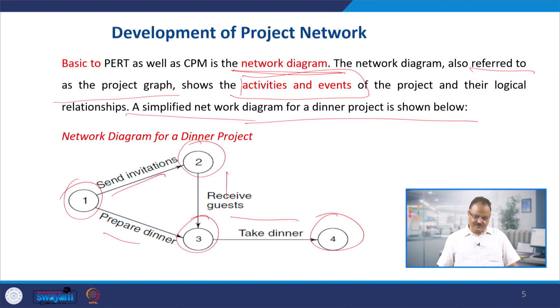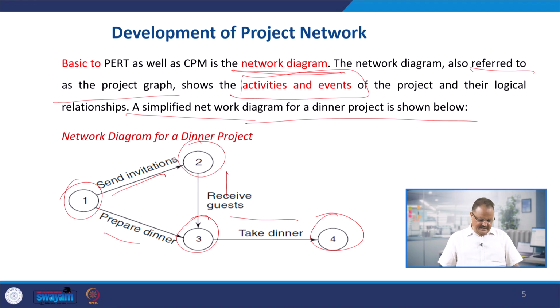This was an activity because it requires resources, time and cost. When we completed the dinner, that is event 3, the completion of the dinner preparation is achieved. Then we receive the guests, and finally the next thing is taking the dinner.